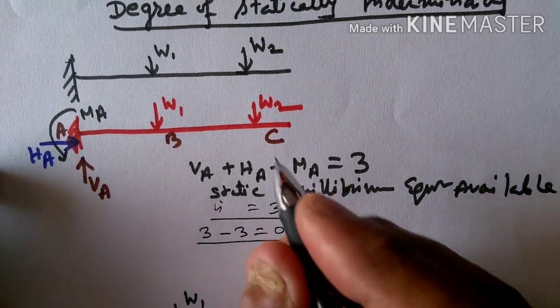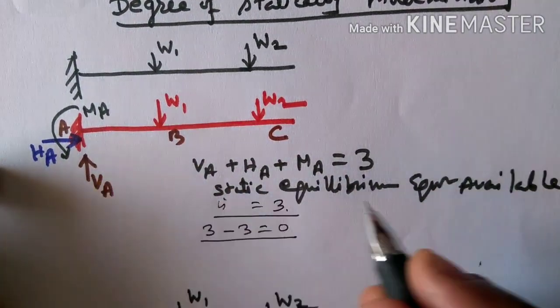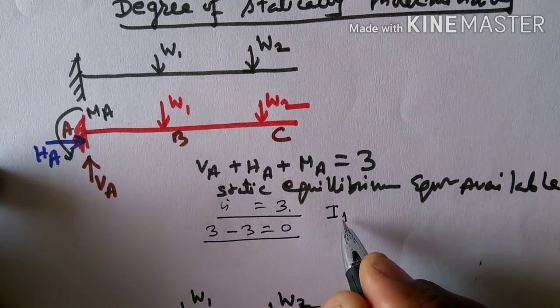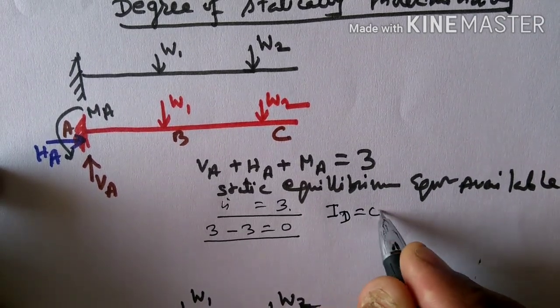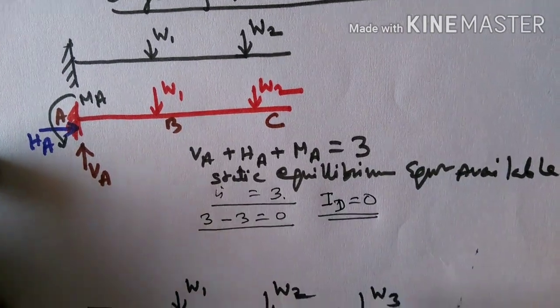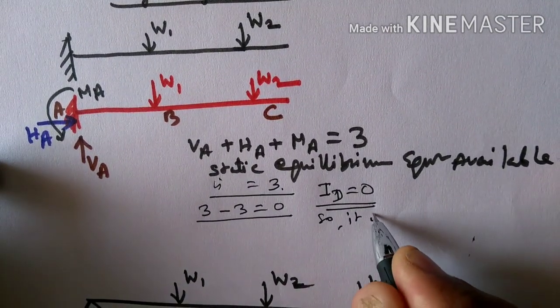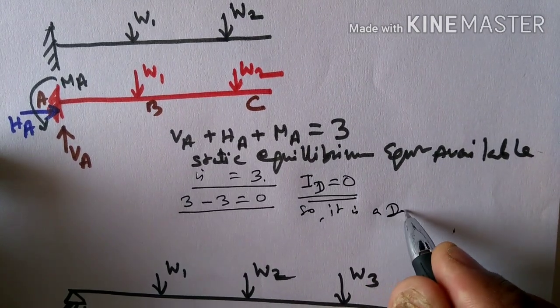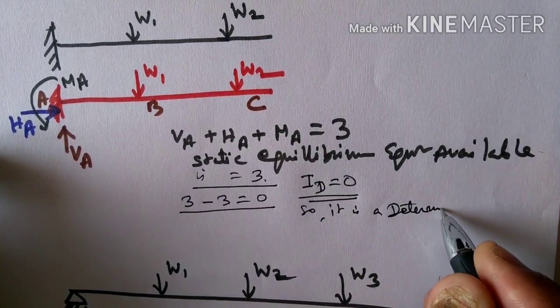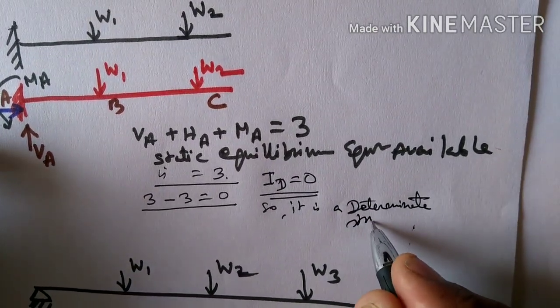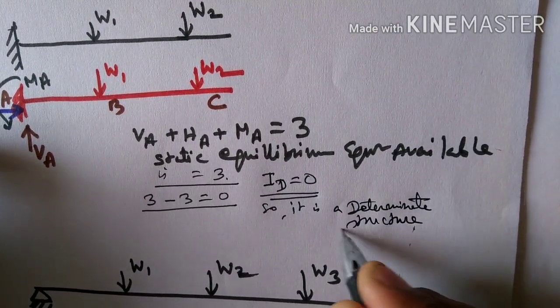So for this type of structure, ID means statically indeterminacy is equal to 0. This is a determinate structure. Fine.